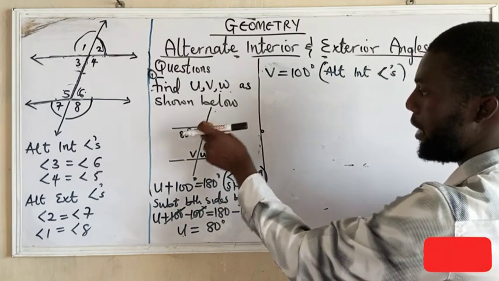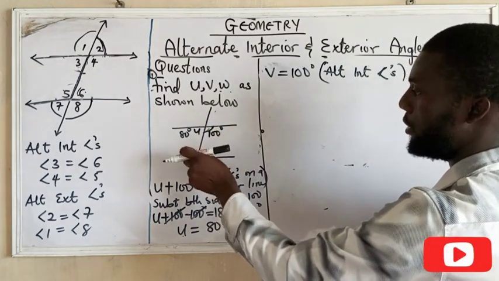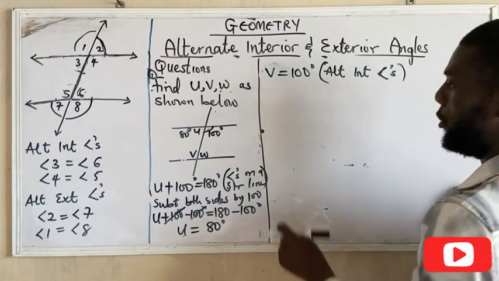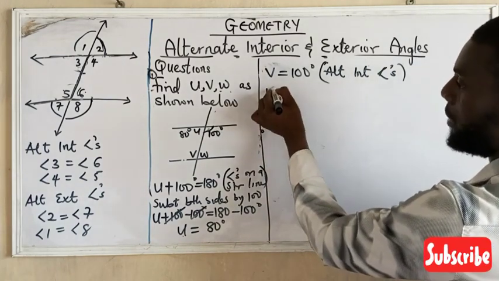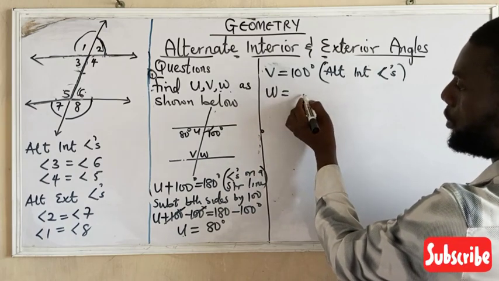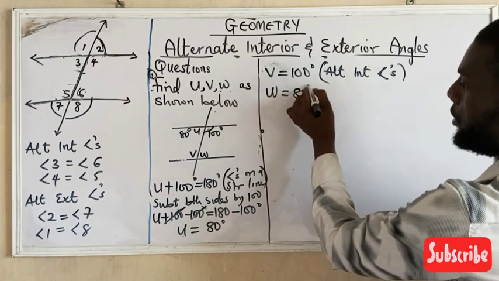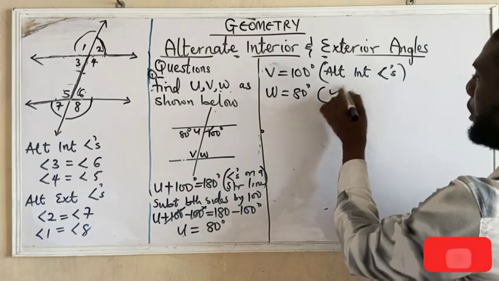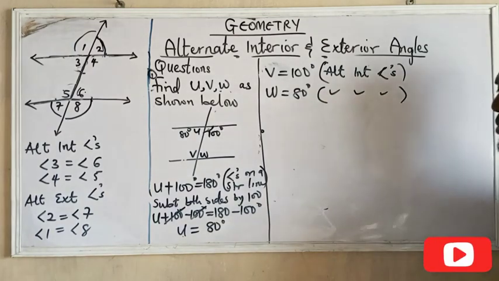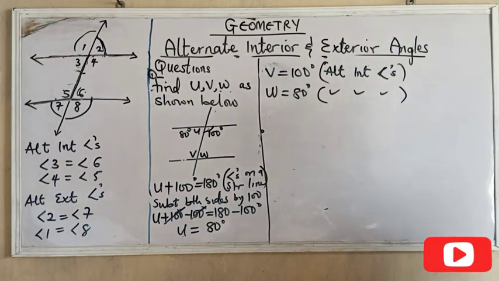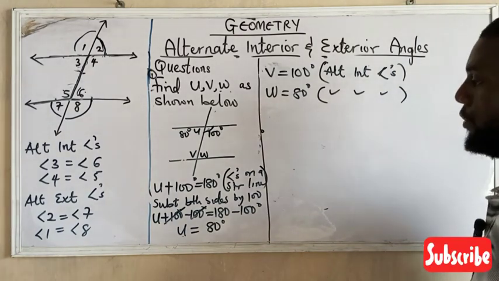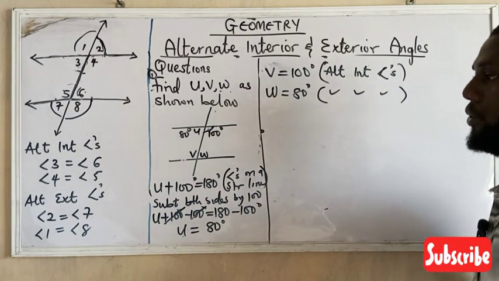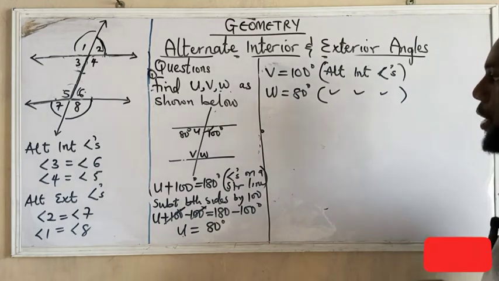And since it is here, then the opposite of it is going to be the other side of the line. So my W automatically is what? 80 degrees. Reason: alternate interior angles, and so on and so forth. So that is what we can say pertaining to interior and exterior angles.